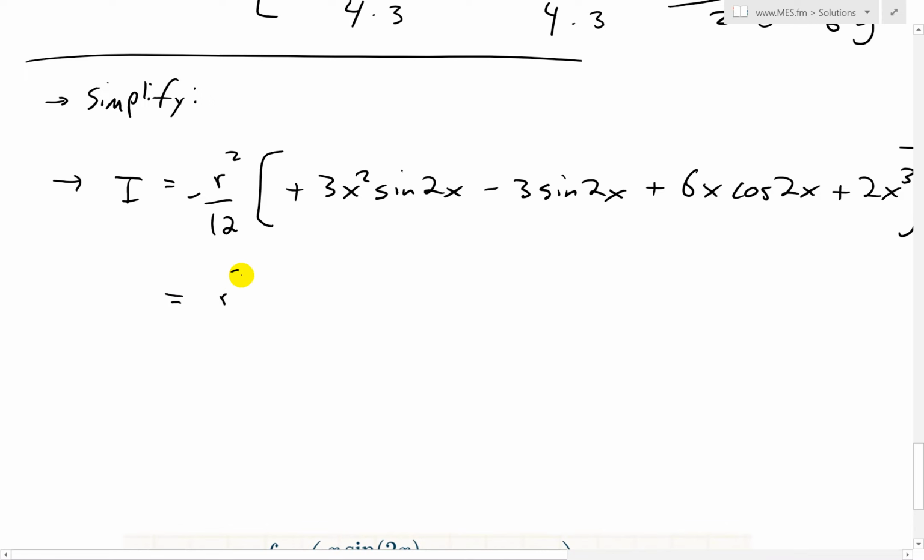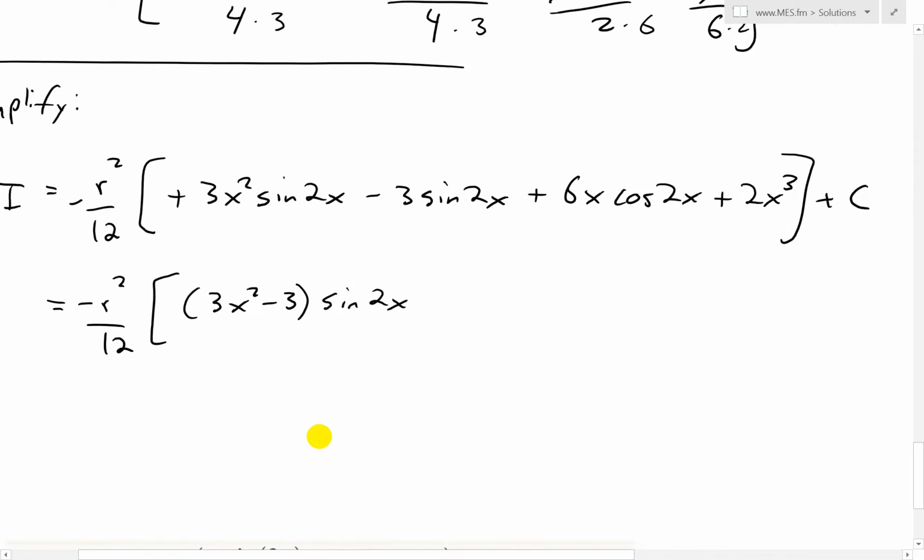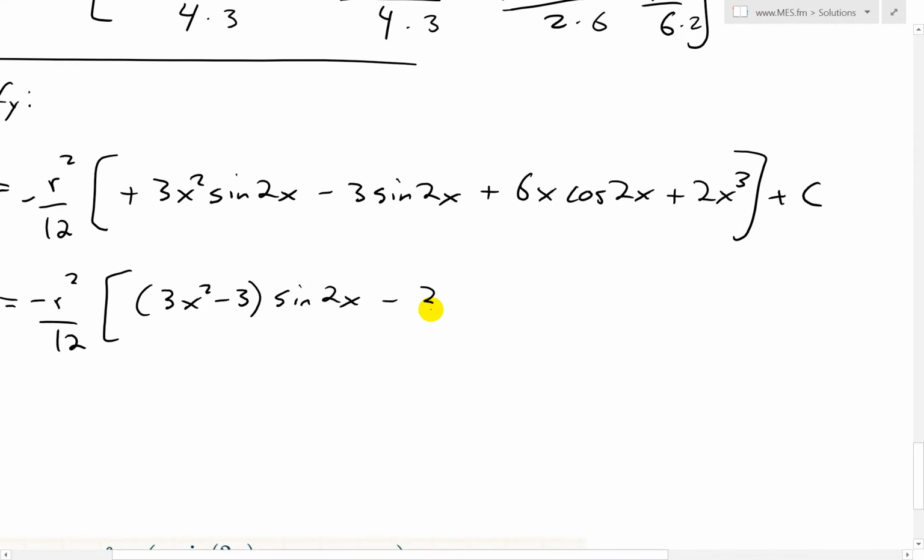So now we have negative r squared over 12. And then factor this out. We have, put this bracket like that. 3x squared minus 3, because we have a sine 2x like that. Sine 2x, and then we have a minus 3. Actually, that's already taken care of, like there.